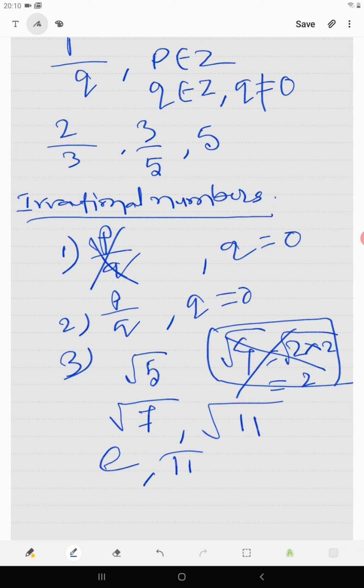Generally, if you are doing circles, we write pi r square for the formula of the area. There we write pi as 22 by 7. So normally, if you are writing 22 by 7, then it's rational. But even when we say pi equals 22 by 7, it's not the actual value. This 22 by 7 is a near about value that is given to pi. So pi is an irrational number.